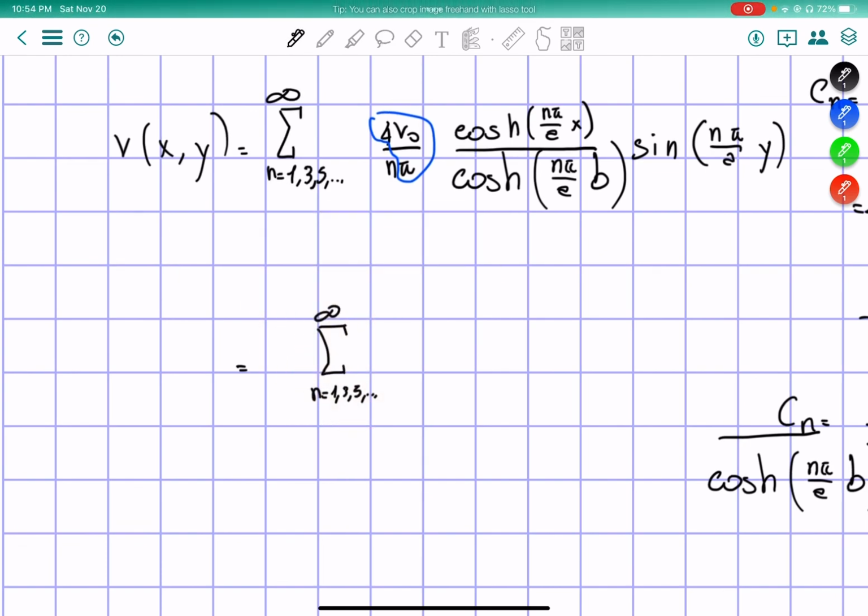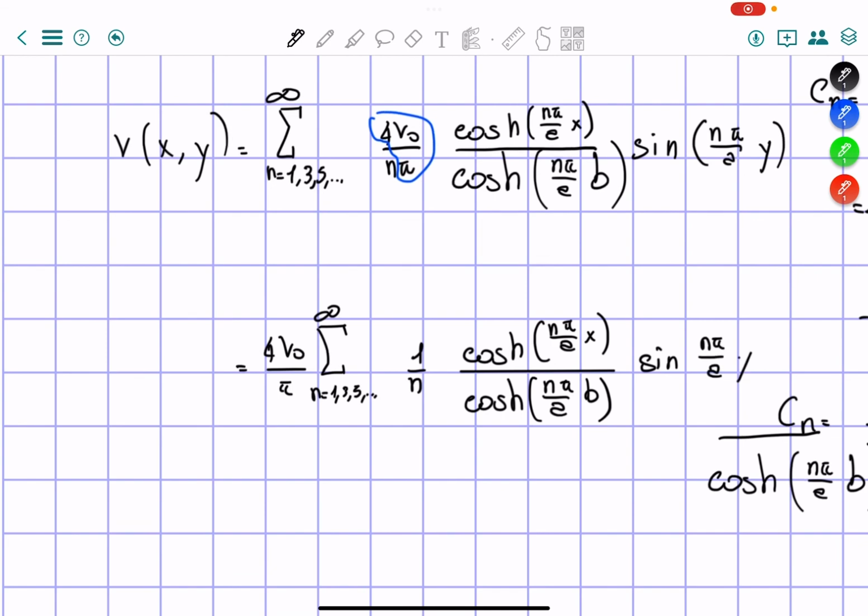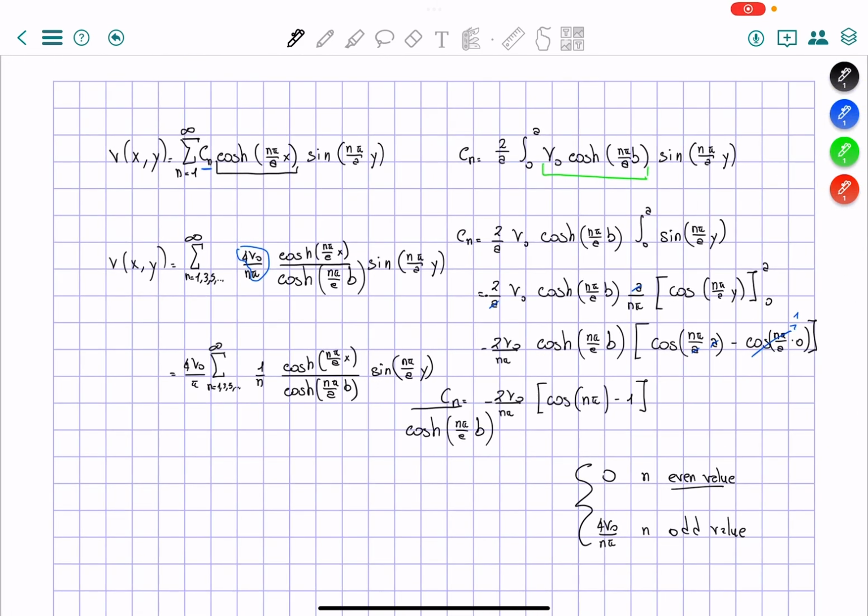So 4 b naught over pi, times 1 over n, hyperbolic cosine of n pi over a times x, over hyperbolic cosine of n pi over a times b, times sine of n pi over a times y. And that is our final solution to our problem. As you can see, it all works out, I would say, for the best at this point.